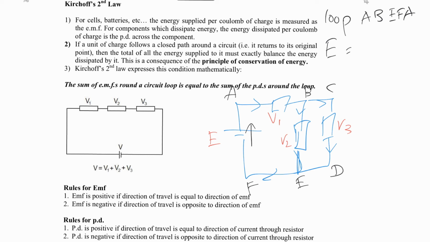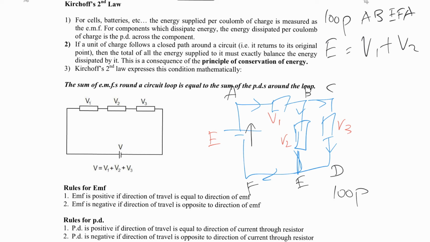Can you see that? So same direction. So the PD is positive. So it's positive V1. And if I travel down here, so I'm moving down, the current through this resistor is also down, so it's a positive PD. So it's plus V2.